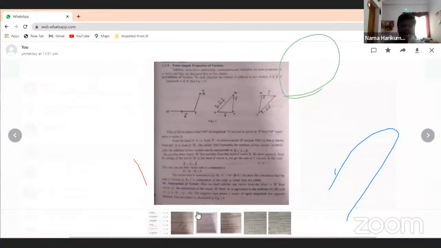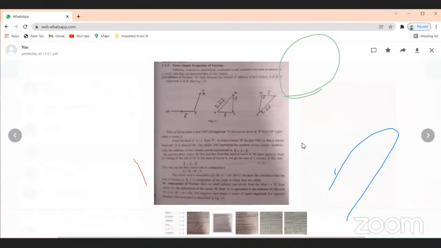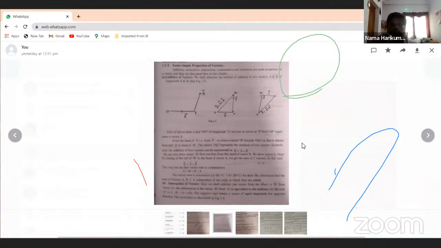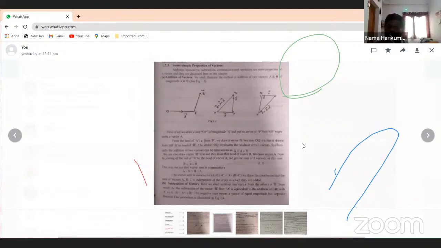In this subtraction process, any two vectors have opponent direction. Opponent direction means, in the previous one we discussed O2P and P2Q in the same direction, but here O2P is one direction and P2Q is another direction.